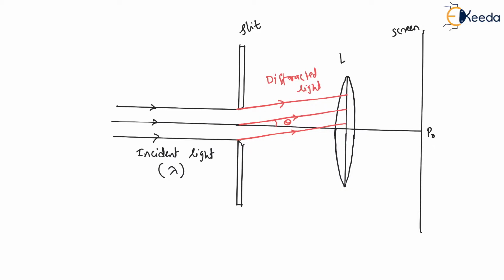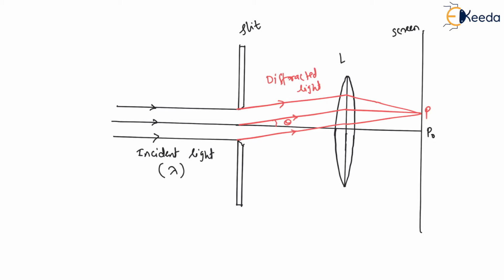So here I will draw that point, this one, and then this light like this one, and here for this third ray. So let this point be P. Now we don't know the nature of this point P, whether it is a bright one or a dark one.